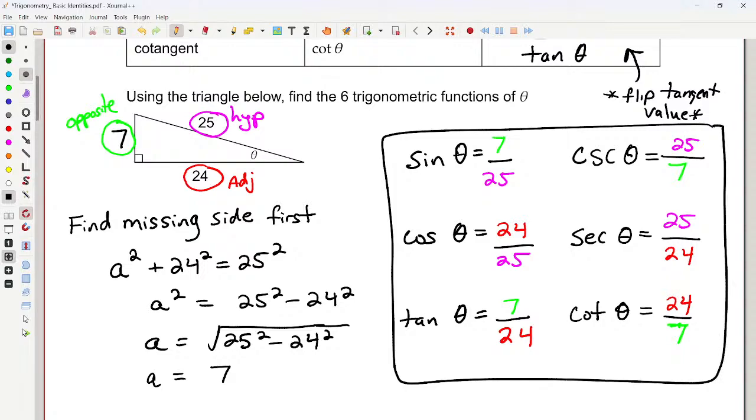And there's your final answer, the 6 trig functions. Cool. Not super exciting, but it is what it is. Yeah, that's it. SOHCAHTOA, reciprocal, reciprocal, reciprocal, just means to flip.